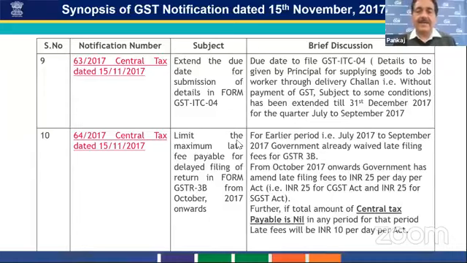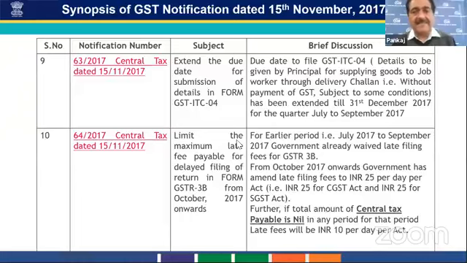So if a taxpayer for the month of, suppose, October does not file the GSTR 3B by the due date, he is liable to pay late fee. Late fee is ₹25 per day per Act. That is, you will be liable to pay ₹25 under the CGST Act and ₹25 under the SGST Act for each day of delay from the prescribed date.